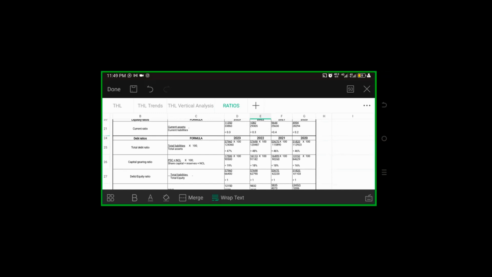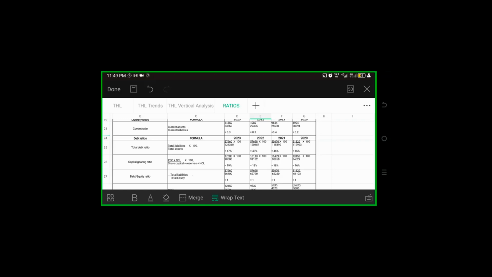Okay, so for the debt ratio, the company was only 46% geared, but it has increased to 48%. So it means that they have 48% liability financing their total assets.